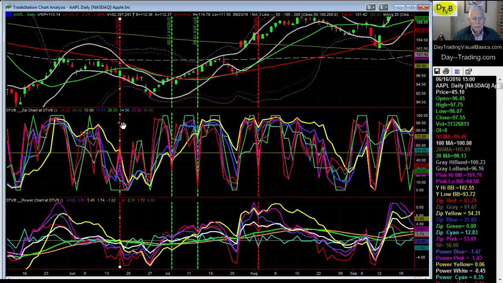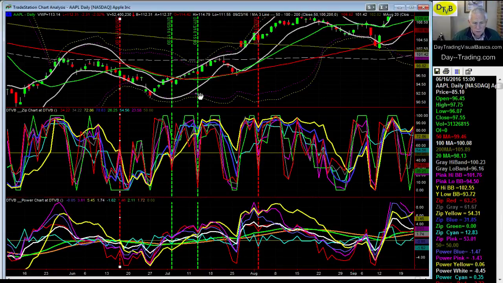So you can certainly continue to follow the Zip Yellow line and the Power line going through the other lines, but sometimes it's not as effective. There just seems to be something else built into the strength of the push when both of them are highest.